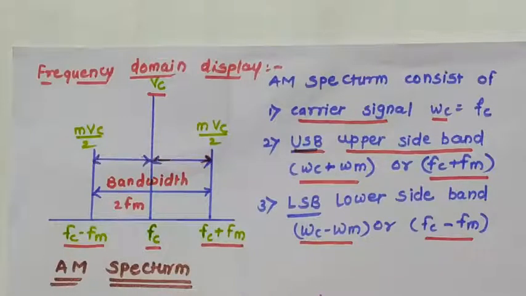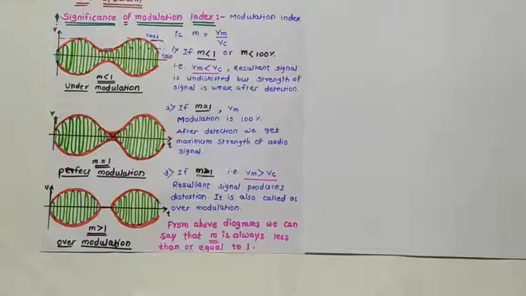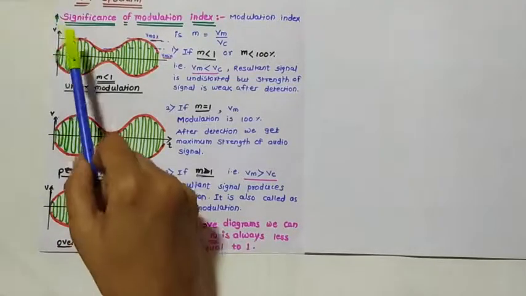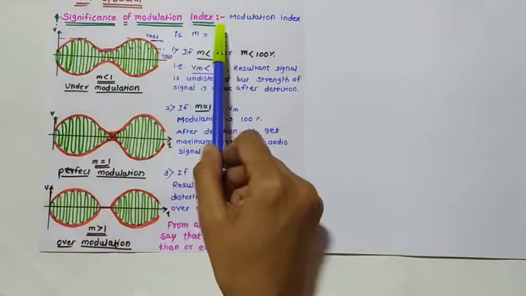Okay students, so this indicates a decrease in efficiency of the amplitude modulated system. This bandwidth is decided by the sidebands, and it limits the number of stations that can use a band of frequencies without interference.